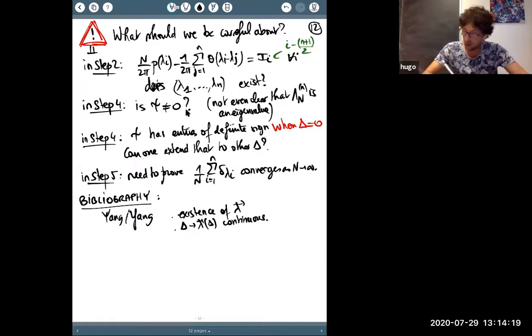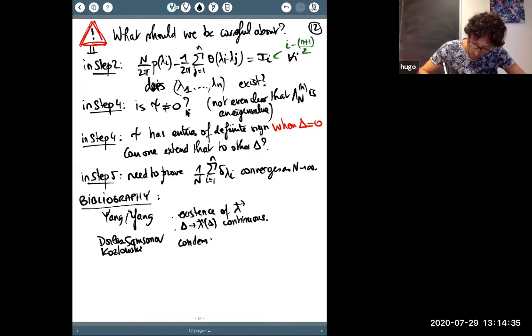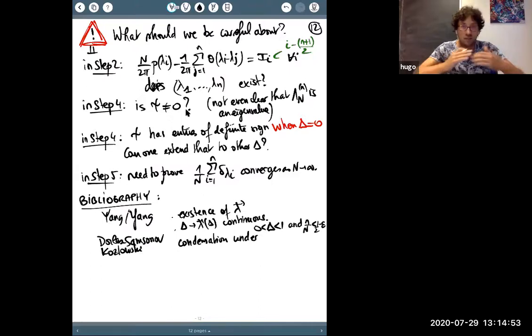That was an assumption. In more recent papers, for instance by Dorlas and Samsonov and by Kozlowski, condensation was proved, but under certain assumptions. For Dorlas and Samsonov, it was for delta between 0 and 1, and n over capital N strictly smaller than 1/2 minus epsilon, so you stay away from capital N over 2.